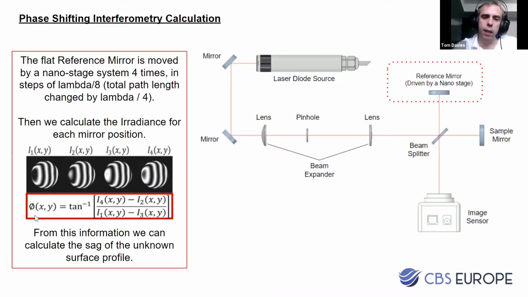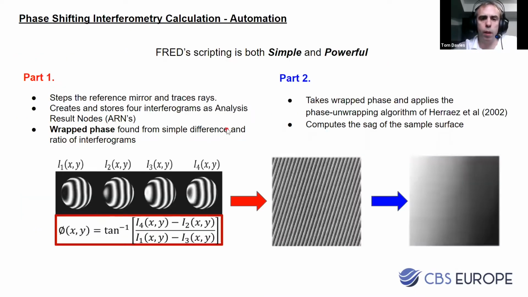So to do this in software, we have 2 steps. And because this is multiple calculations that combine, it makes sense to automate this as much as possible.